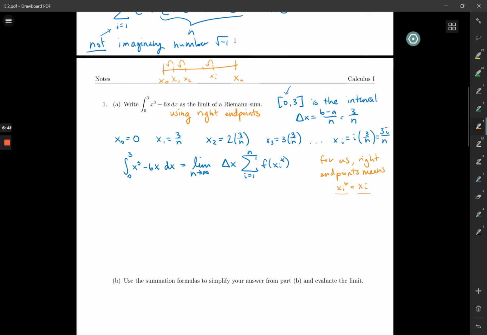Right, so we're going to go ahead and just replace that xi star with xi. We'll do that in the next step, and we will also at the same time replace delta x with our formula, which is just 3 over n. So I'm taking that from up here. And we get the sum from i equals 1 to n of f of, oops, not yet, xi.